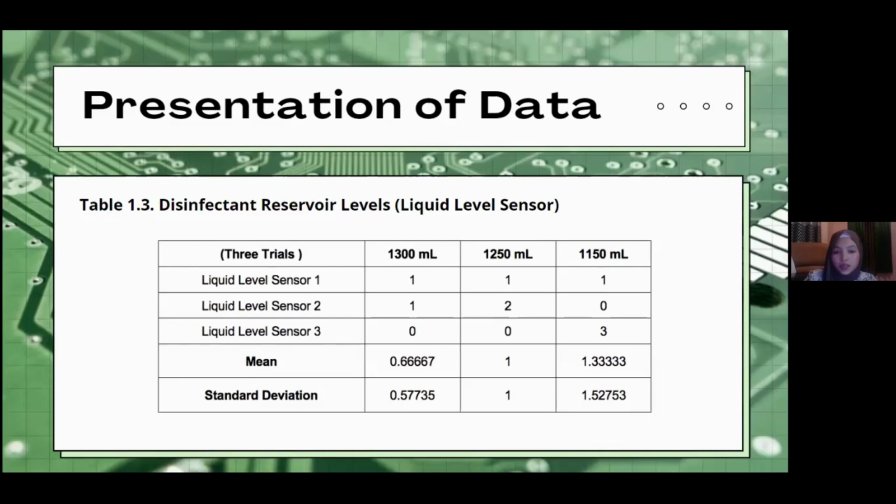The standard deviation for the levels are 0.57735, 1, and 1.52753, respectively. The level of 1,150 ml has the highest mean value, hence it is the level range of disinfecting solution at which the liquid level sensor detects that the reservoir is running low.